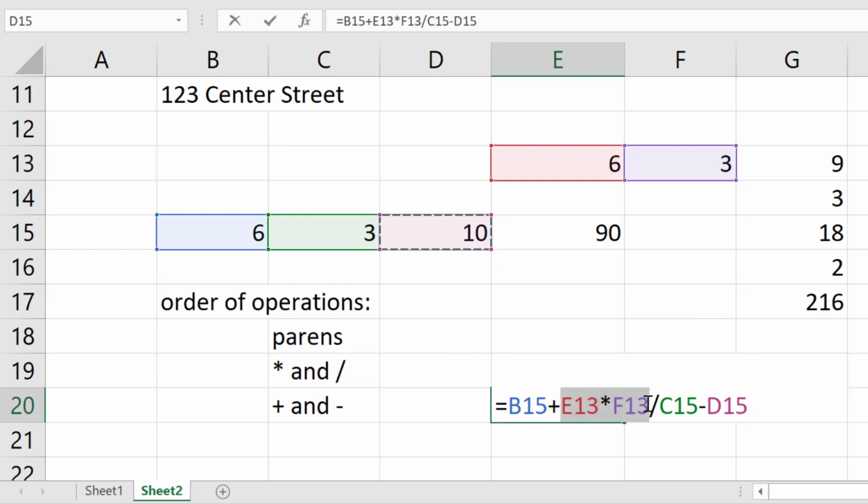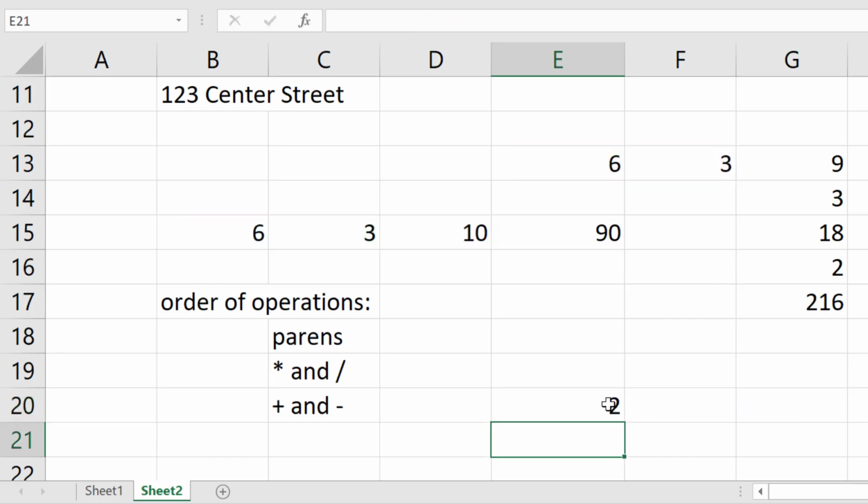So the first thing it would do is E13 times F13. Then it would divide the result by C15. E13 is 6, F13 is 3, so I would have 18 divided by 3, which is 6, and then it would add B15, which is 6, and subtract D15, which is 10, so that should give me 2, and the answer is 2.